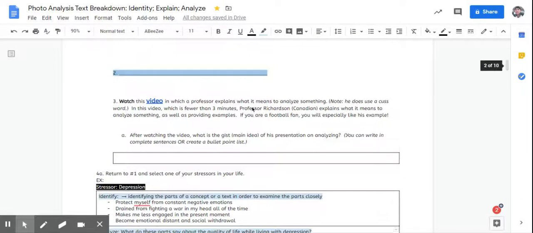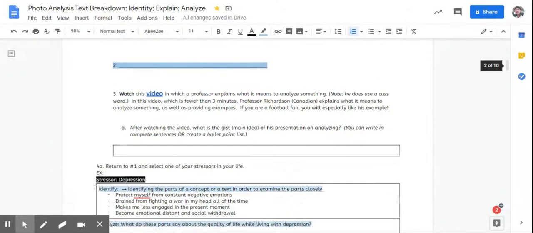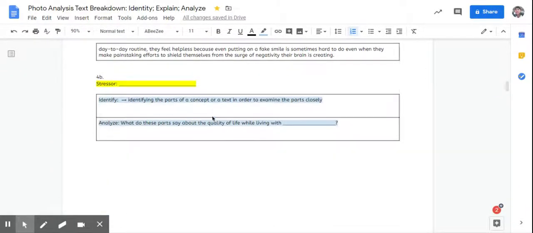So what you're going to do is scroll back up, and one of the stressors that you identified here, you're going to choose one of them and you're going to write it here. And similar to what I did, you're going to identify the parts of that concept.